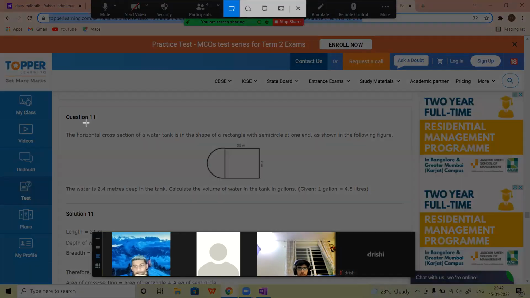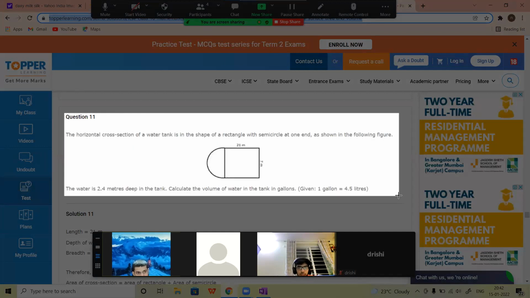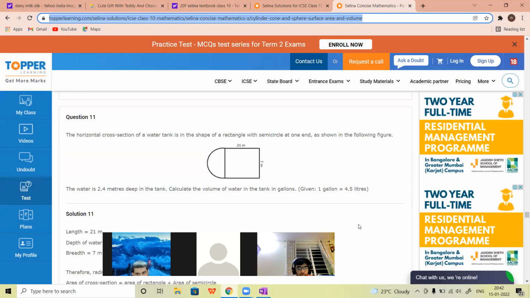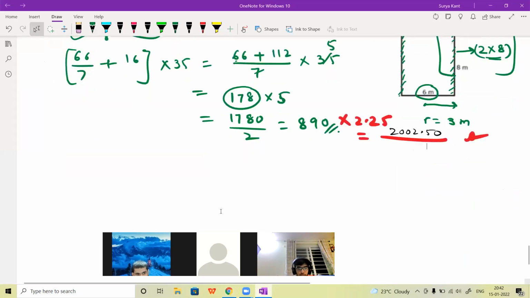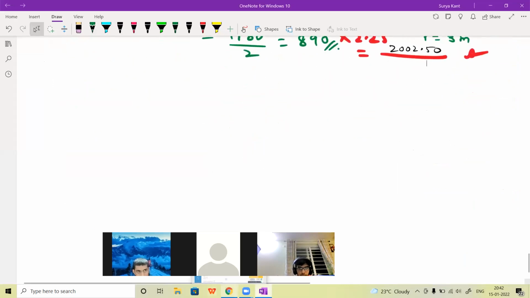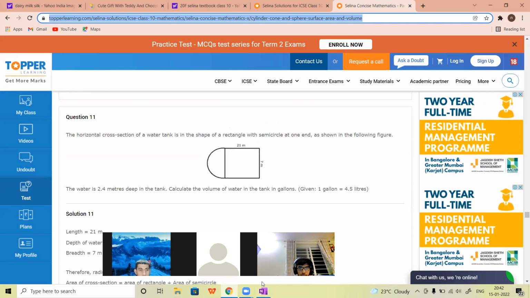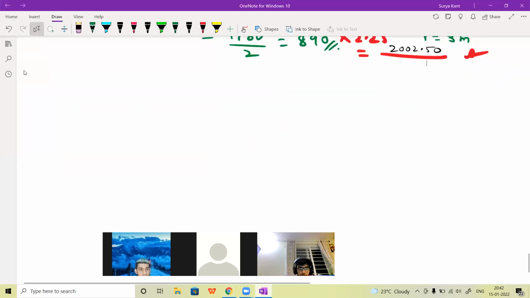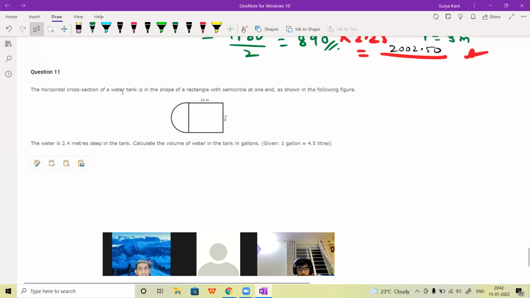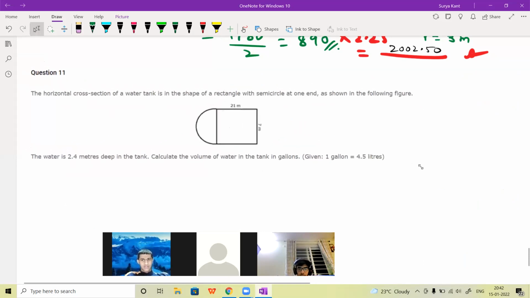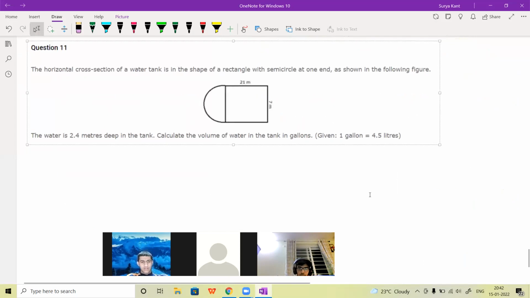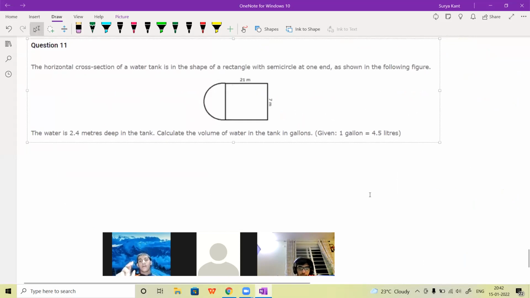So next question is: horizontal cross section of water tank will be like this. 1 gallon is equal to how many liters? You know, 1 gallon. 1 gallon is equal to 4.5 liters, as given in the question. 1 gallon it's saying.